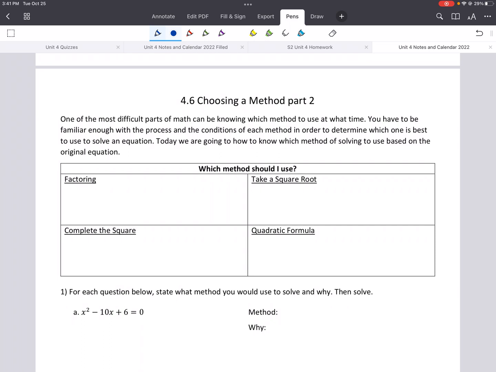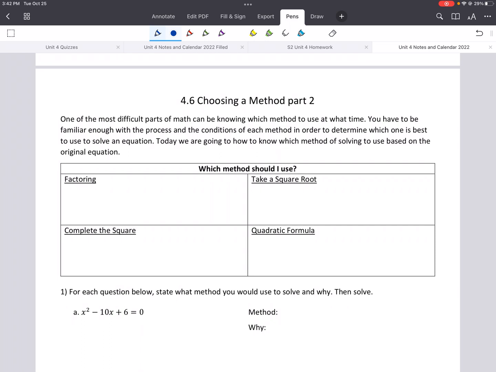Okay? So on your test, you're going to be asked to solve problems. Some of the problems you're going to be asked to do in certain ways. So there'll be a problem that will be like solve by factoring. And then you'll have one that will say solve using completing the square. And then solve using the quadratic formula.